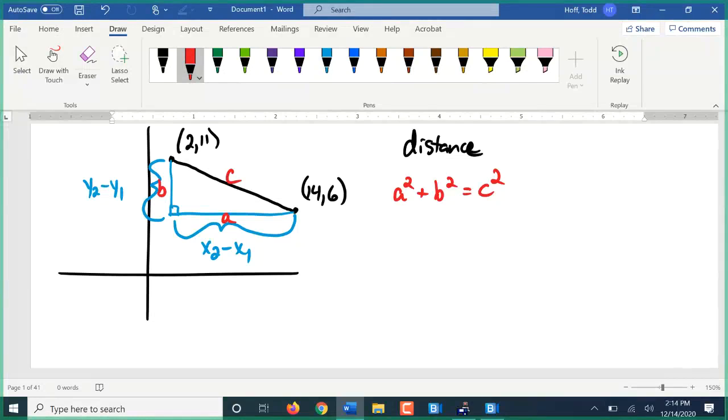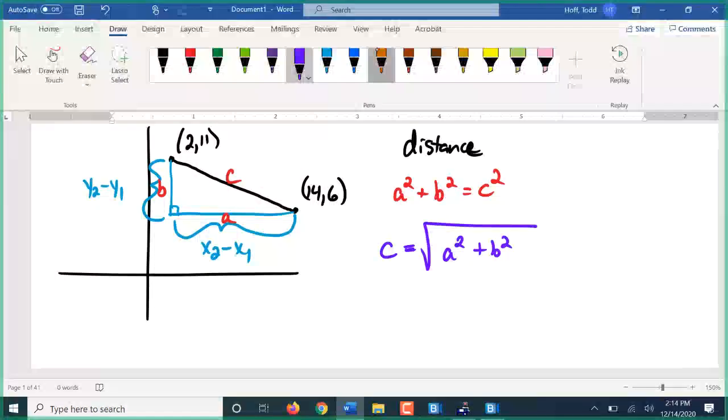Well, we're going to rewrite that formula just a little bit. We're going to write it like this. c is equal to the square root of a squared plus b squared, because we're going to have to take the square root of c squared at some point anyway to get down to c. We'll put the square root on the other side.